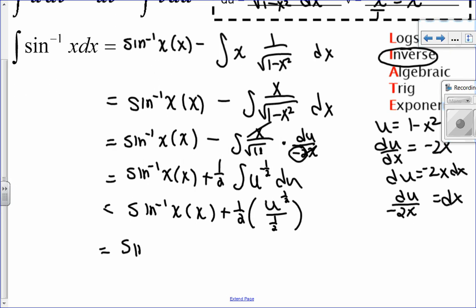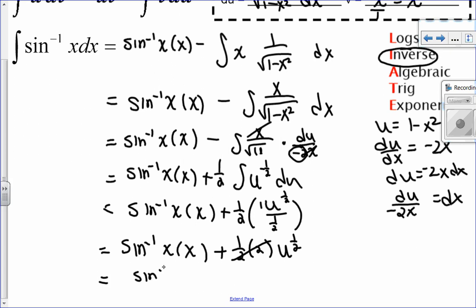So this will be sine inverse of x times x plus, now this number here, 1 divided by 1/2, is really just 2. So it's going to be 1/2 times 2 times u to the 1/2. And of course those cancel.